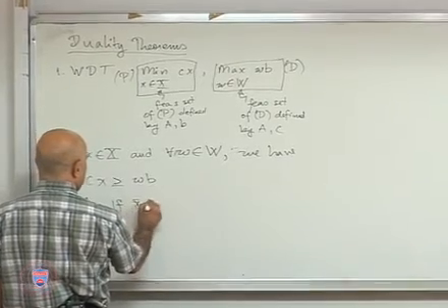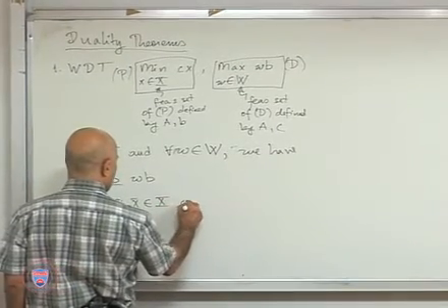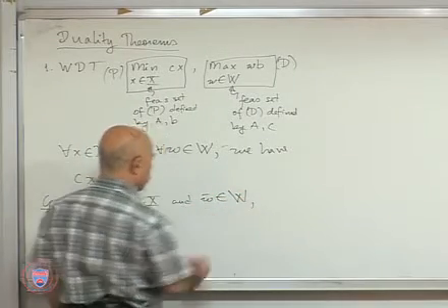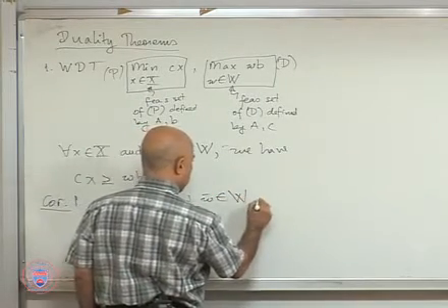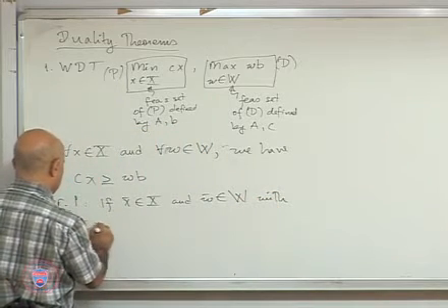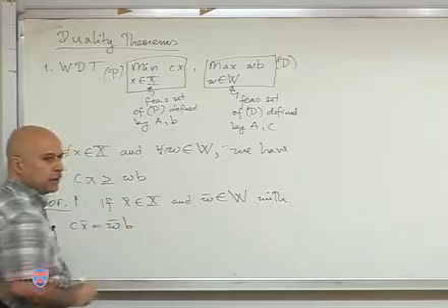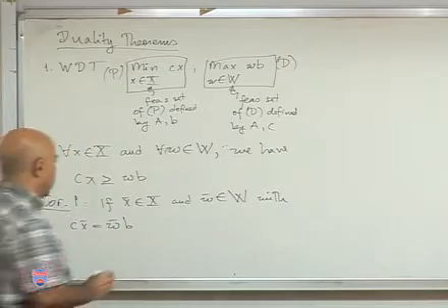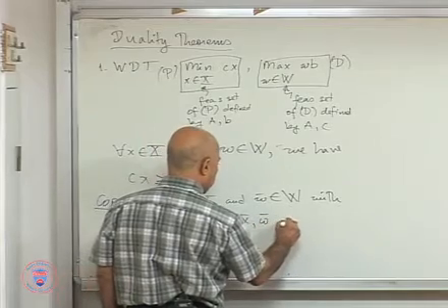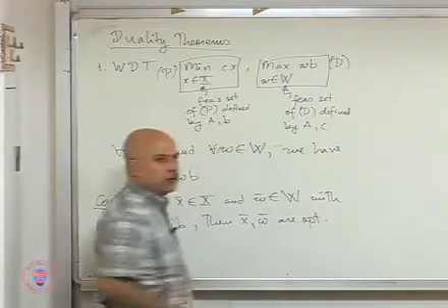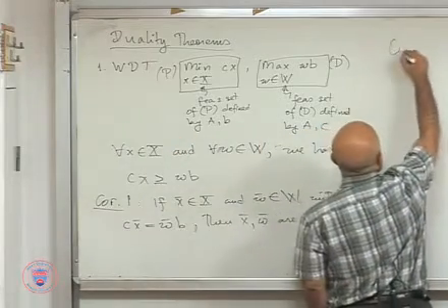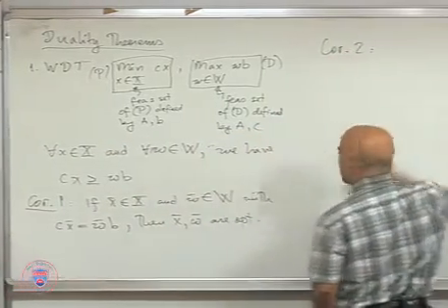All right, so the first corollary to this was, if X bar is a feasible solution to the primal and W bar is a feasible solution to the dual, and if it so happens that the objective values are actually equal, then X bar and W bar are both optimal to their respective problems. Okay, we already stated that. And corollary 2, what was corollary number 2?